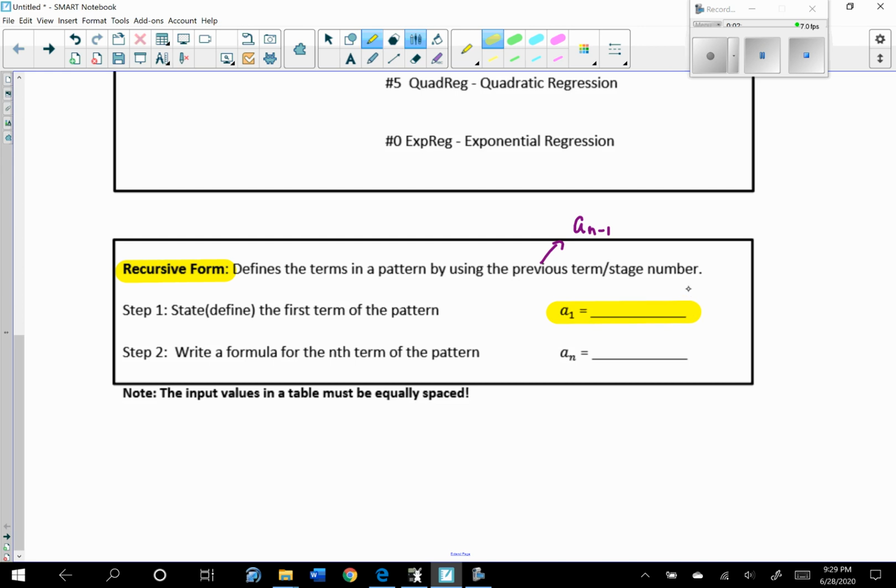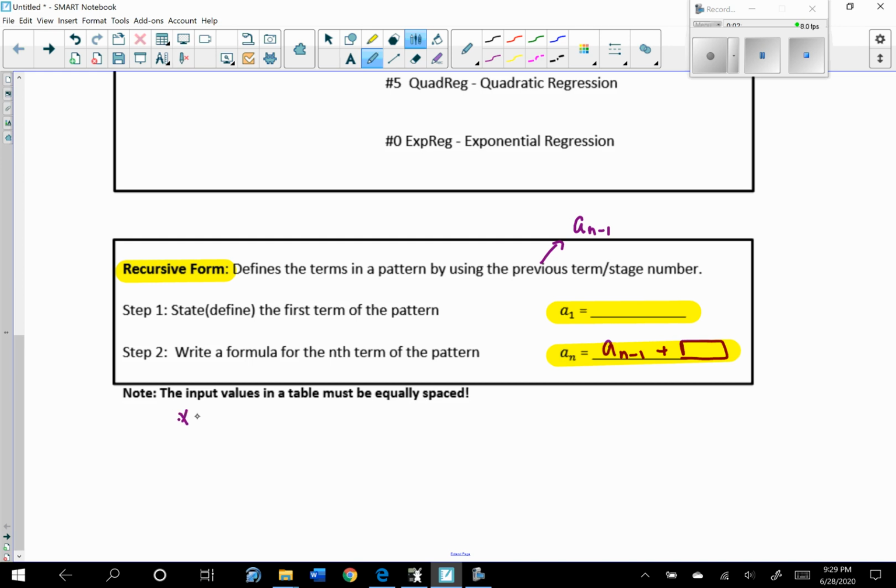The second step says write a formula for the nth term of the pattern. So for this, you're going to have a sub n equals whatever the previous term is, a sub n minus 1 plus something. So that something depends on if you are working with linear or quadratic. And keep in mind that you have to write down both of these when you're writing your recursive form.